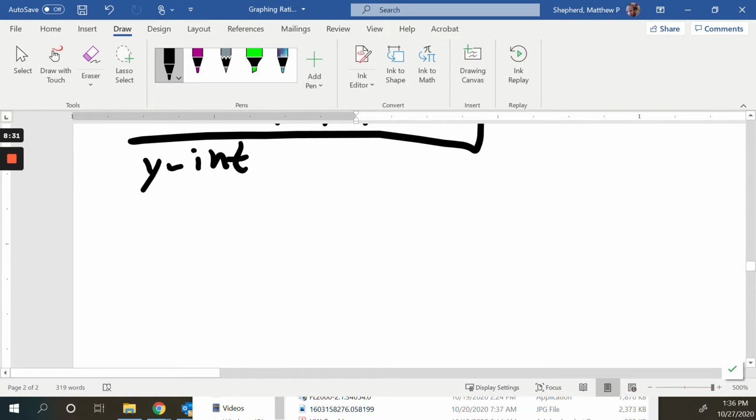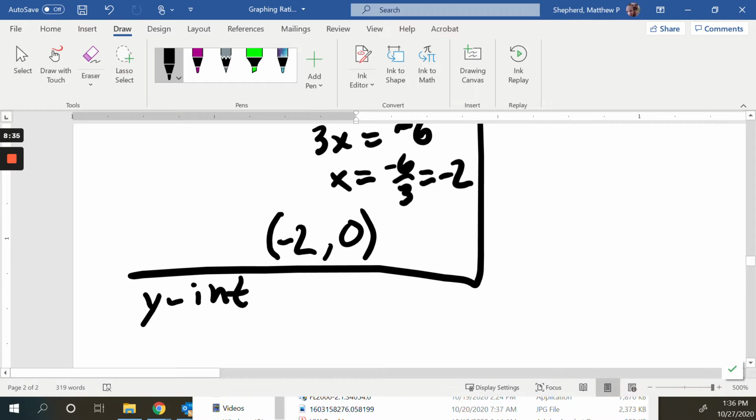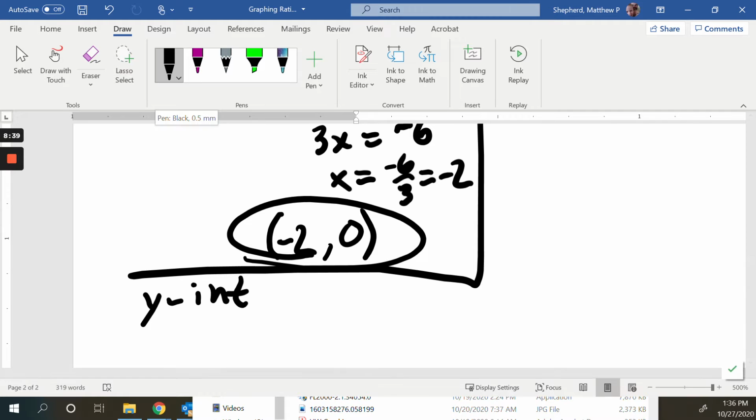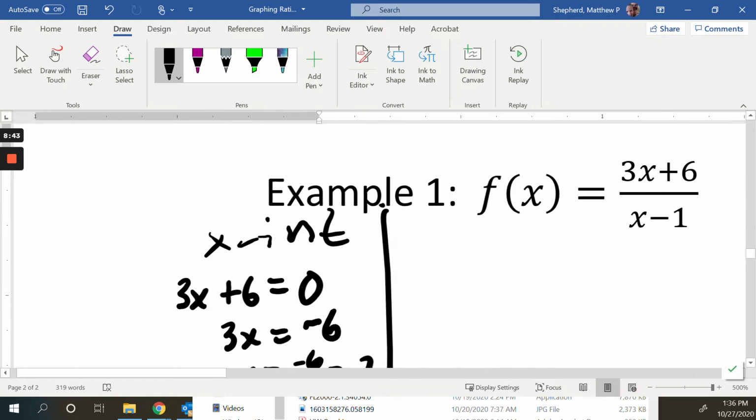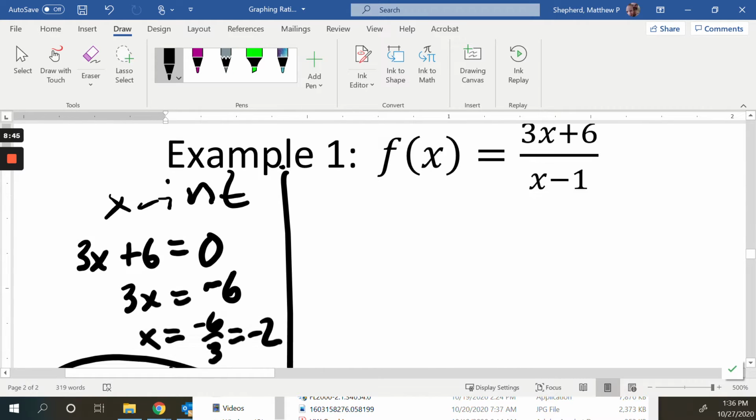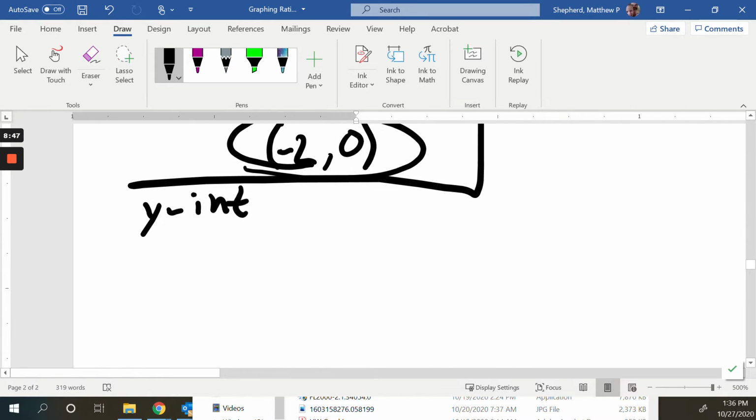y-intercept. The y-intercept is going to occur when x is a 0. So notice this point. The x-intercept happens where the y equals 0. We find the y-intercept where the x is equal to 0. So I'm just going to take the equation we had up there and change my x's to 0.